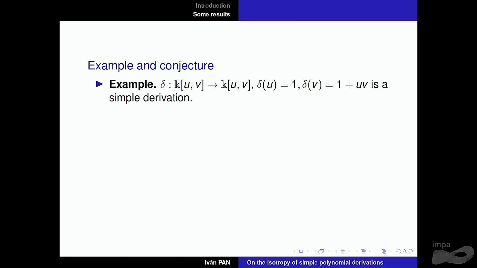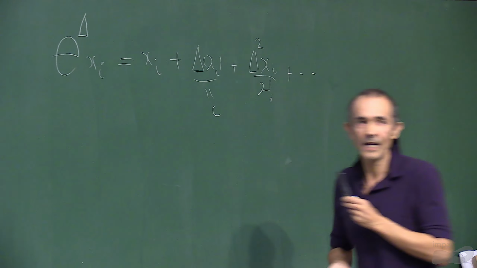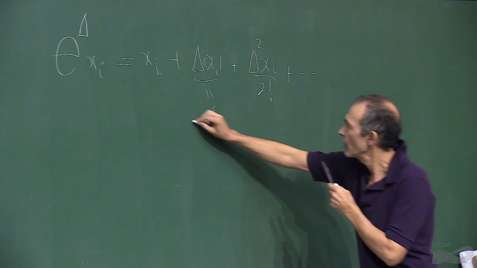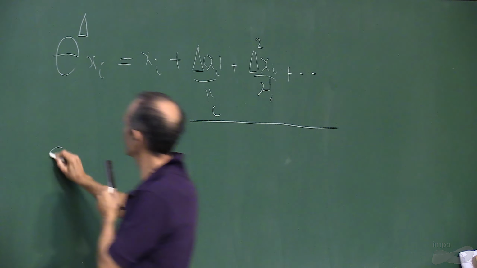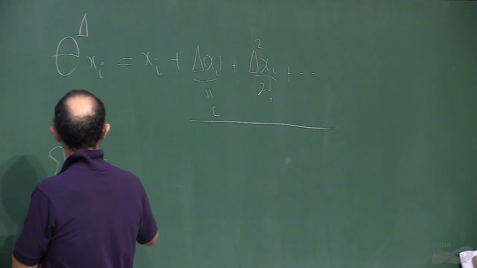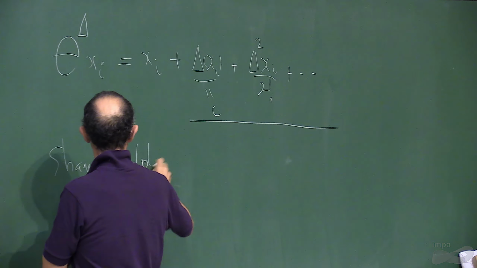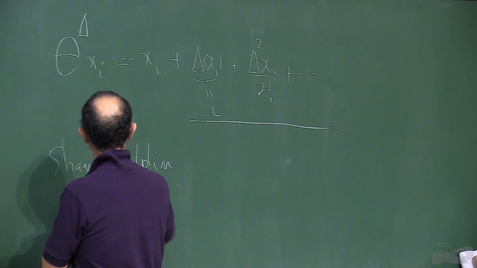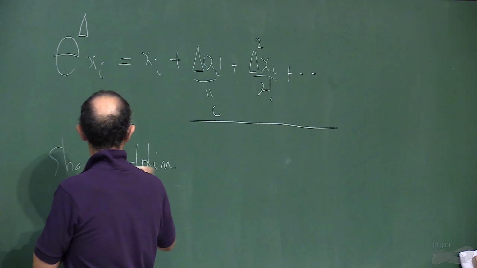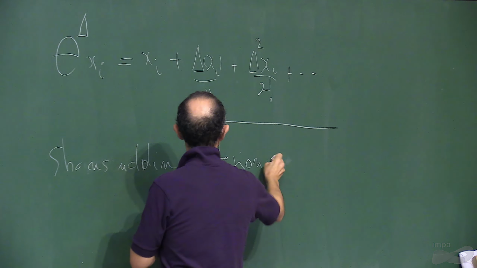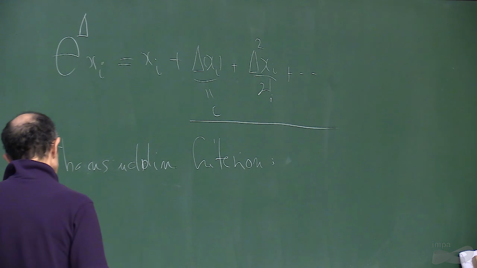Essentially, there is only one criterion for deciding if a derivation is simple or not, more or less, with some generalizations, which is the Shamsuddin criterion. Which says something like that.